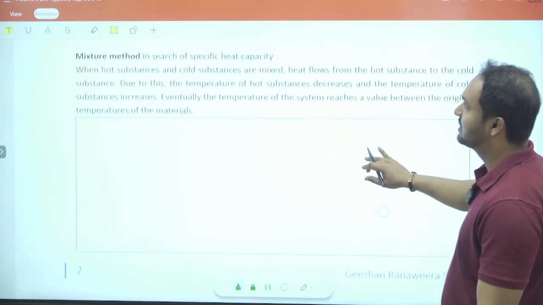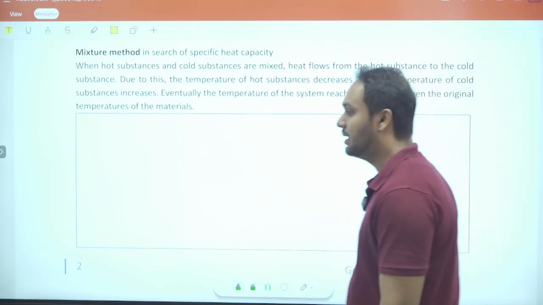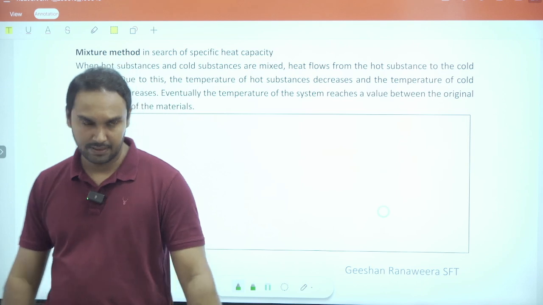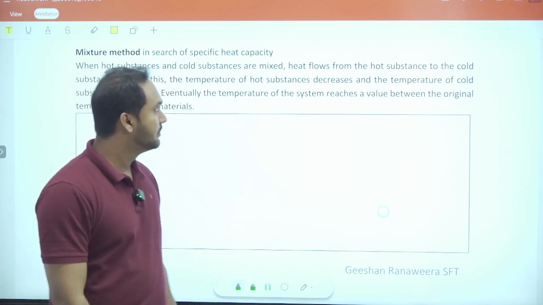Then come to the mixture method. We discussed this, right? So what happens in the mixture method?